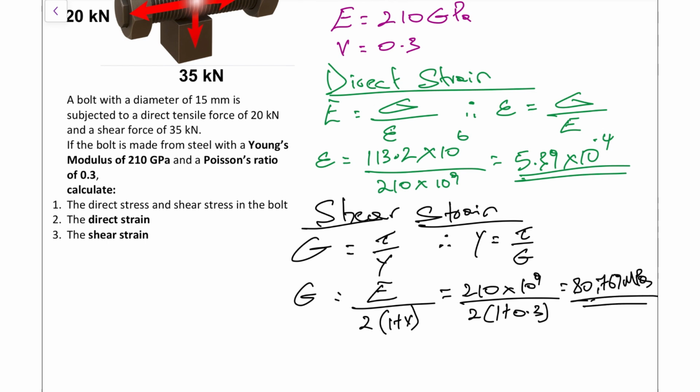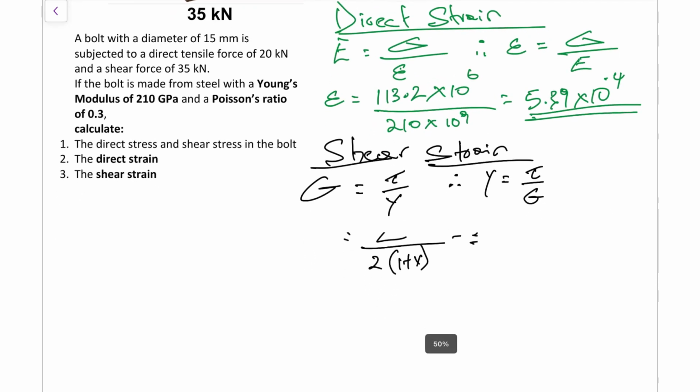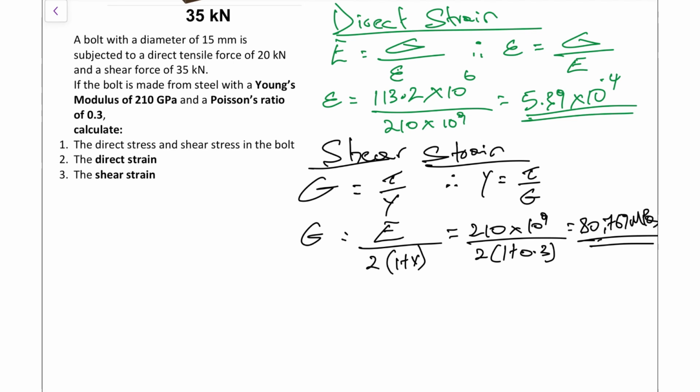What we have left now is to simply use these values in the equation that we intended to use first of all. Some of these values look massive because the question is simply made up, but it's just to show you the process here. To get our shear strain, we can just use our equation.